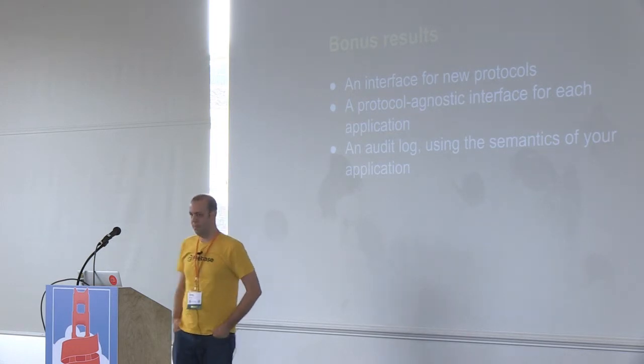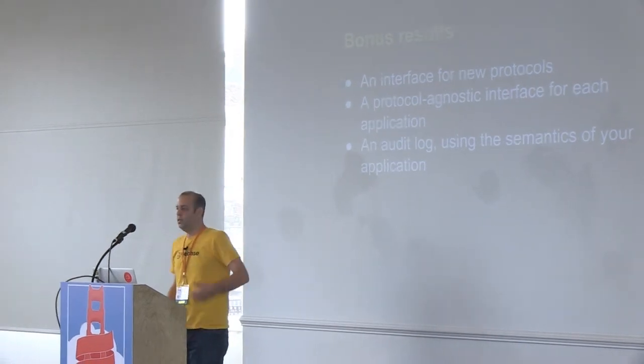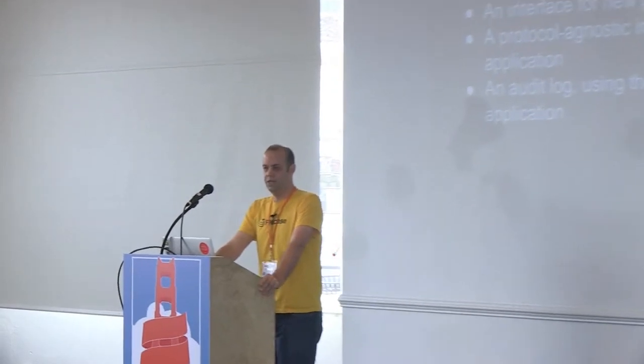And finally, one additional benefit that we got out of all this is we actually have an audit log for our application. So we said we were going to use one top-level actor for each application. Well, the list of messages that it processes, and in that order, corresponds to all of the state changes for our application.